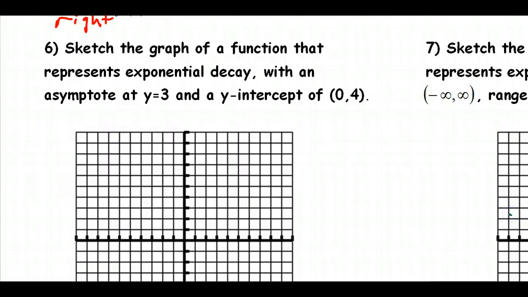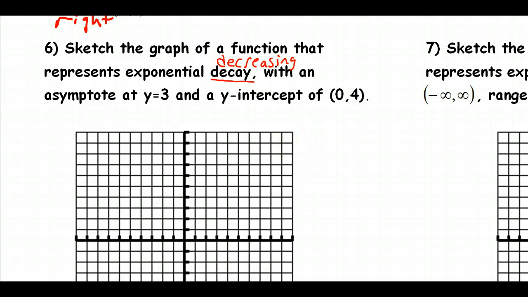Sketch the graph of a function that represents exponential decay. Exponential decay, that's when it's decreasing. So we need one that's decreasing with an asymptote at 3 and a y-intercept at 0, 4.